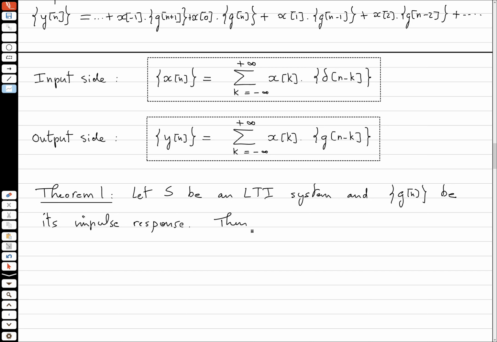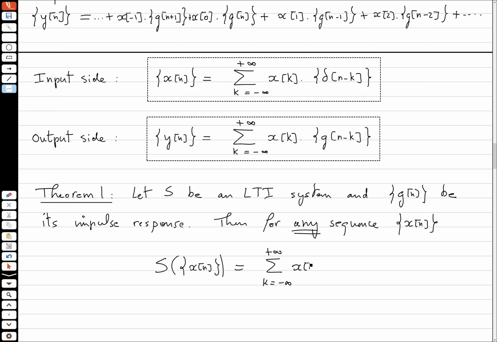Then for any sequence x of n, and this is what is so powerful, the response of S to x of n is the sum of x of k times g of n minus k.